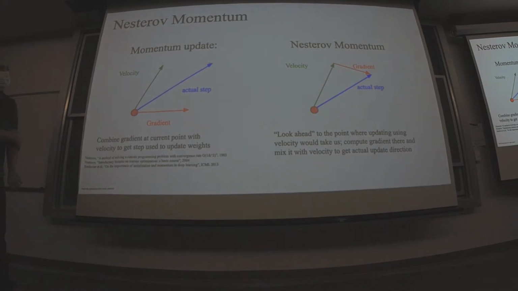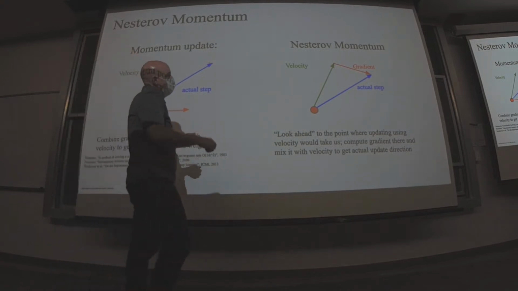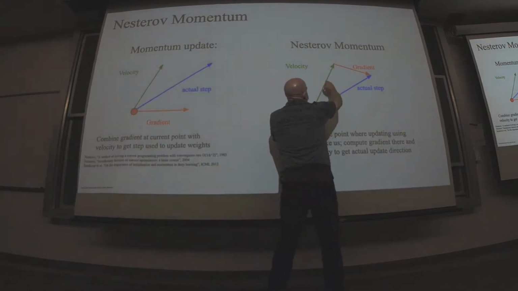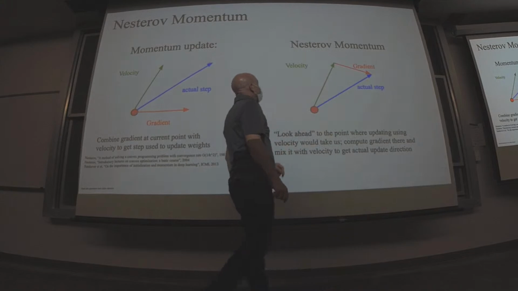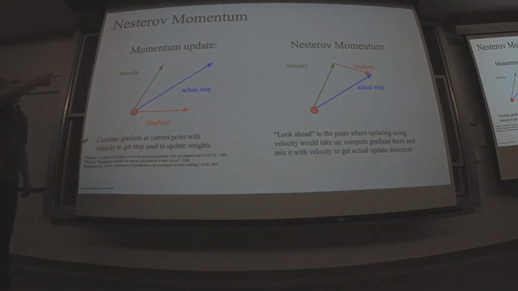For Nesterov momentum, what you actually do is you take the gradient at the point that the velocity term, like that momentum term, would have put you to, and then add them together, and that is your step. And it turns out that tends to have somewhat better properties.